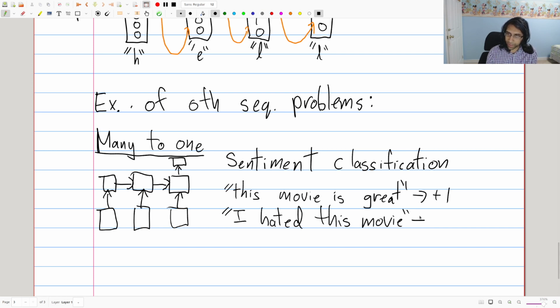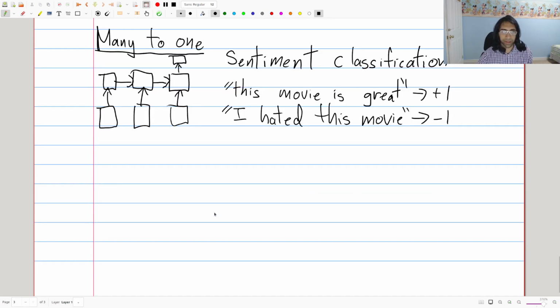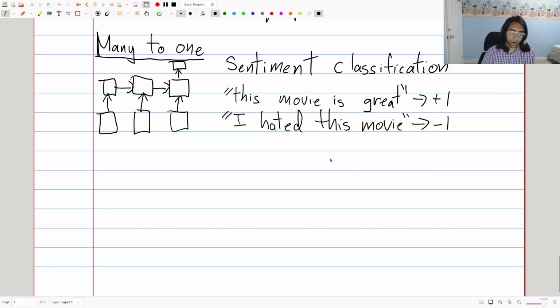Something like that would be a negative sentiment. So you can maybe picture how this would go into the RNN. You feed it in word by word, and based on the final hidden state, you do a neural network computation and it tells you plus or minus 1, which is a prediction of the sentiment. Okay, so that's one way.